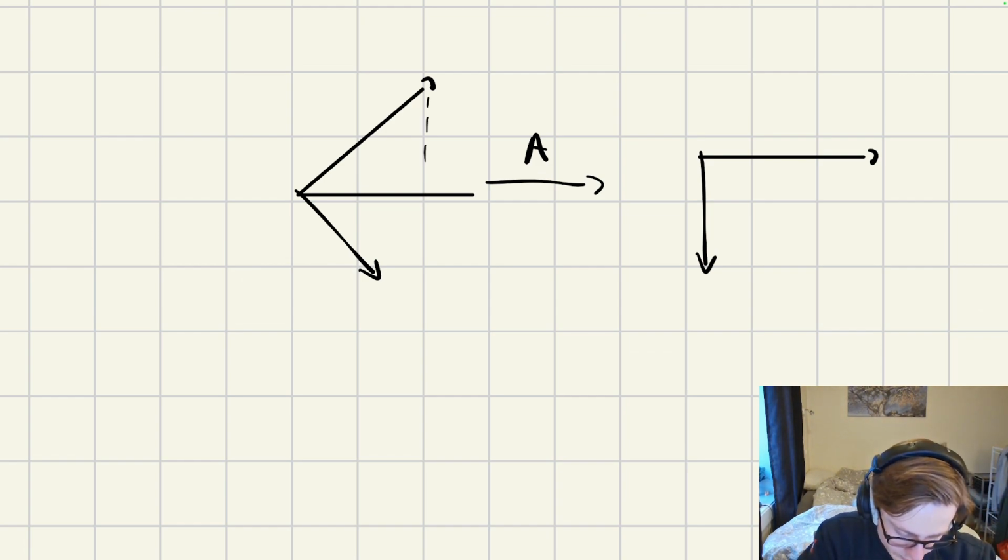We'll take this x component plus this x component to get our x.